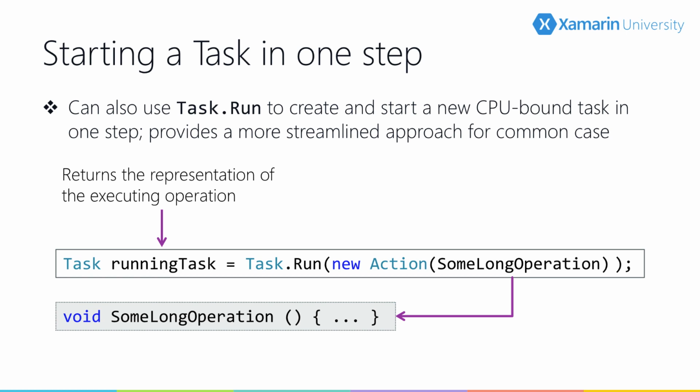The reason is that when you use Task.Run, behind the scenes, it's of course doing the same things that we just showed here manually, but it is configuring the task in a way that makes it work best with the new async and await keywords.